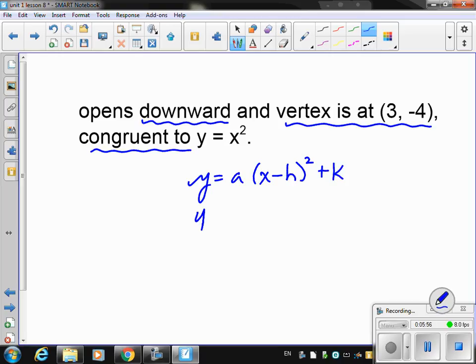My a value is negative 1. You could just write negative if you like. My vertex is at 3 and negative 4. That's my h and k value. I have moved my parabola 3 to the right and down 4. X subtract 3 squared subtract 4.